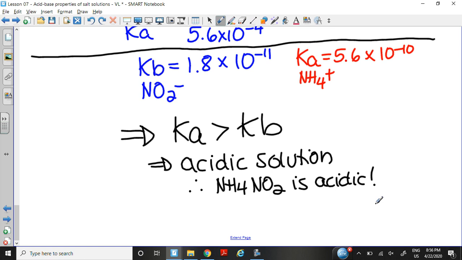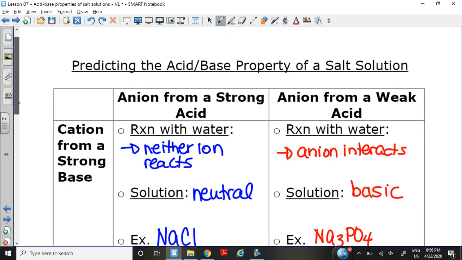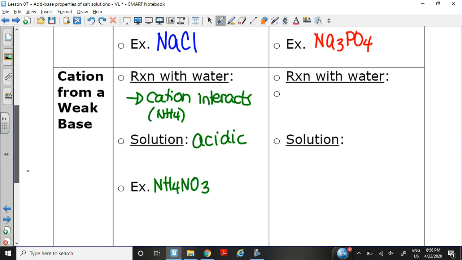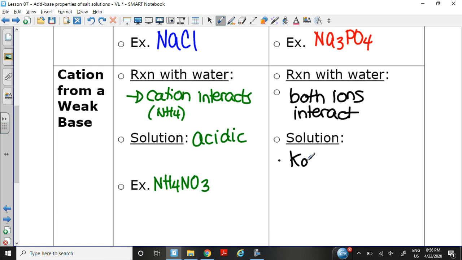So let's go and fill in that last part of the table. There's two other scenarios which we haven't got to for this bottom corner, but we'll list them here. So what happens? Both ions interact. So what happens to the solution? If Ka is greater than Kb, we know we get acidic conditions.